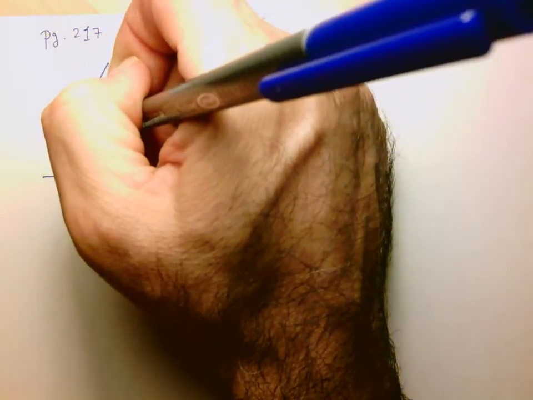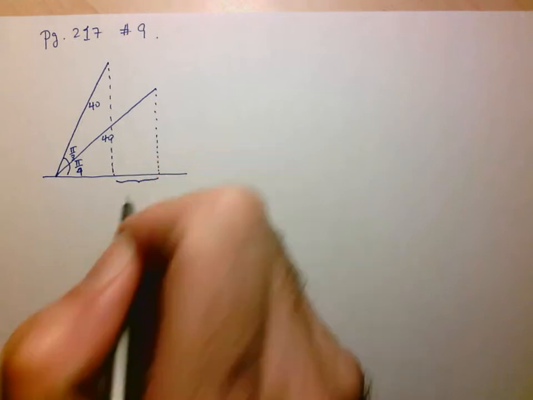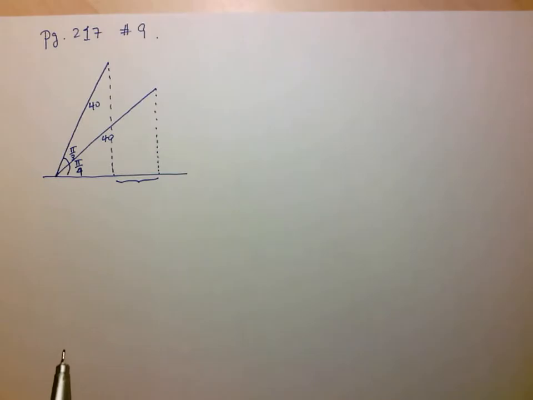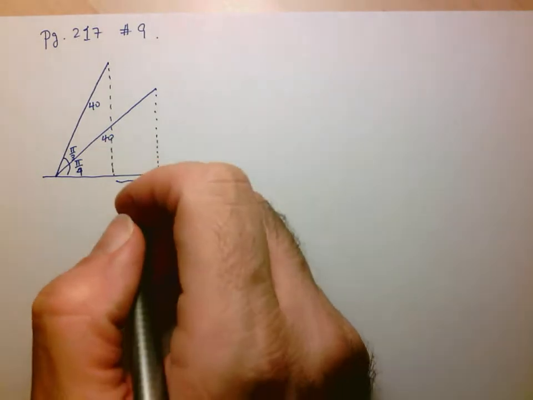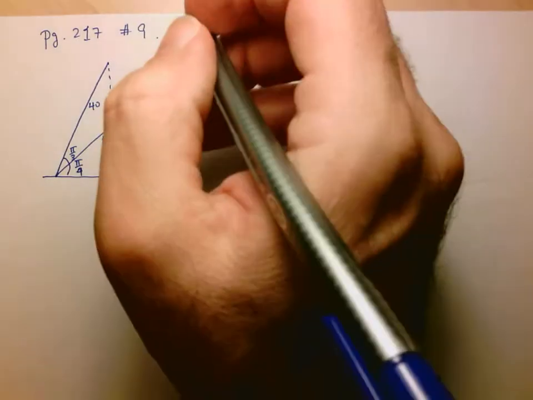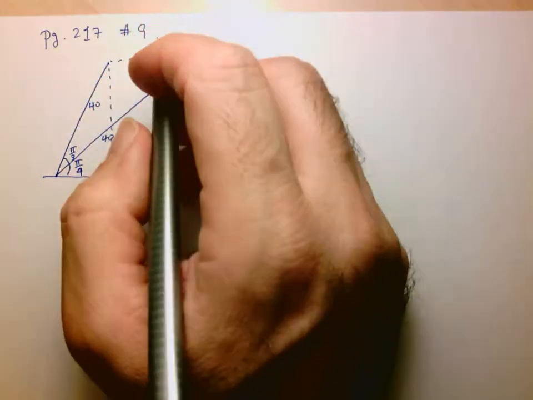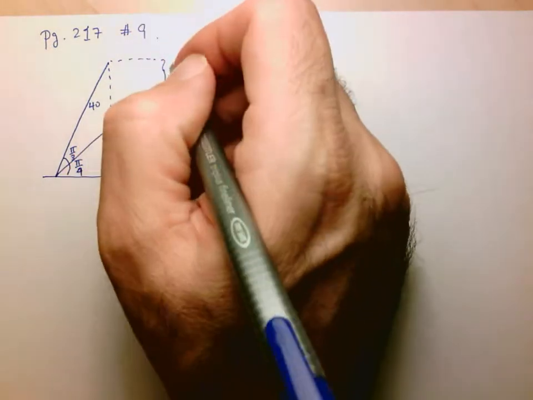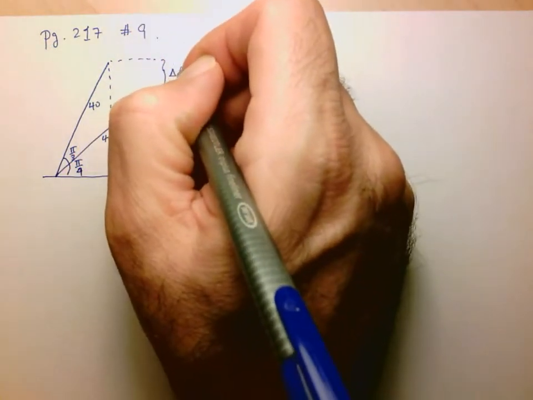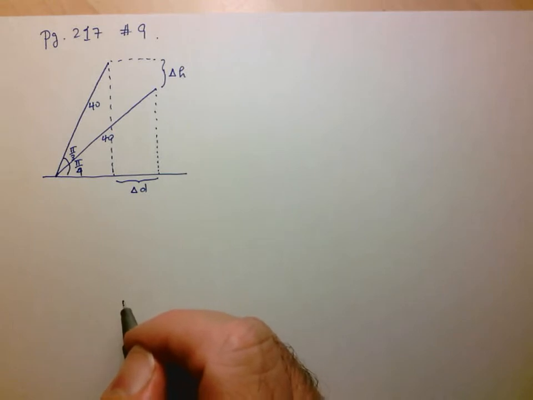Once we create these right angle triangles we realize that we can easily find the difference in the horizontal distances. I'll call that delta D, and then here we see the difference in the heights, the vertical distances. I'll call this delta H. And how are we going to find delta D?